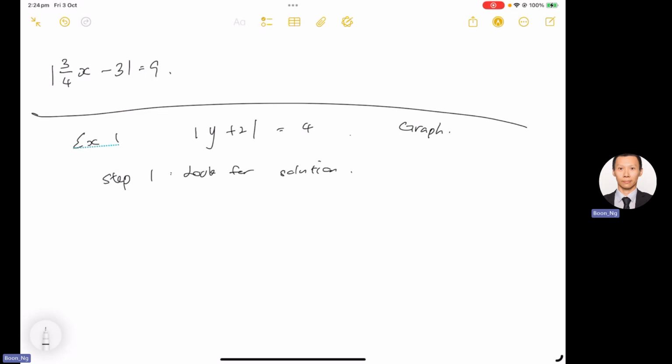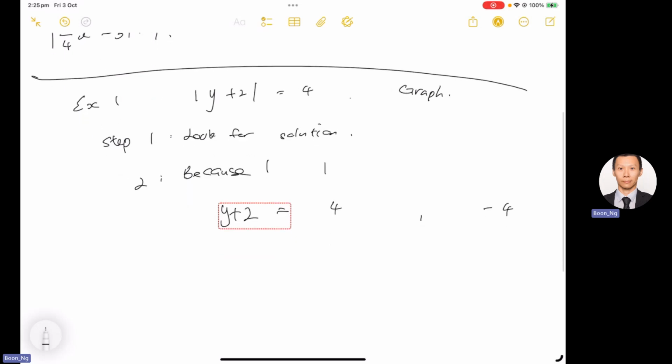Looking for the solution, because of this absolute value, you need to separate y plus 2 into 4 and negative 4, okay? Because of this.